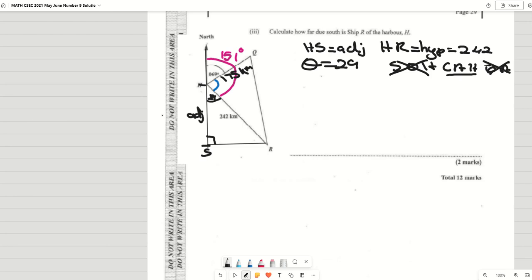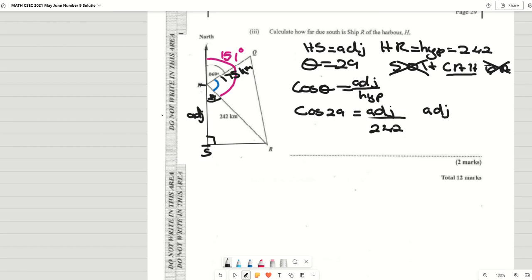So you're going to say cos theta is equal to adjacent over hypotenuse. So cos 29 is equal to the adjacent, which we don't know, over the hypotenuse, 242. Therefore my adjacent would be equal to 242 cos 29.